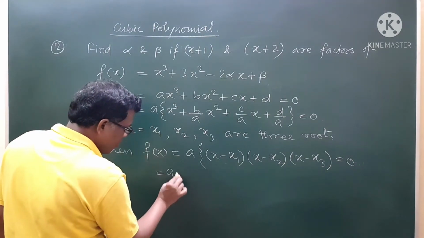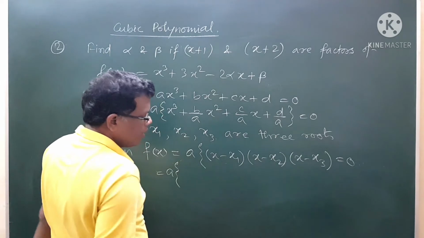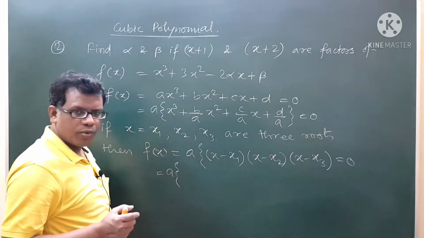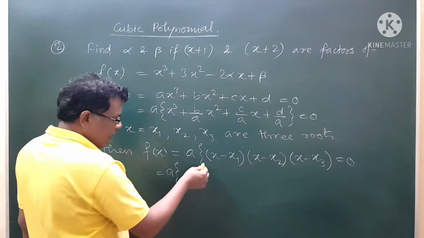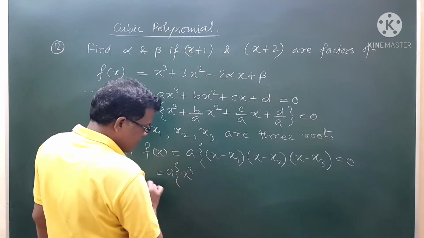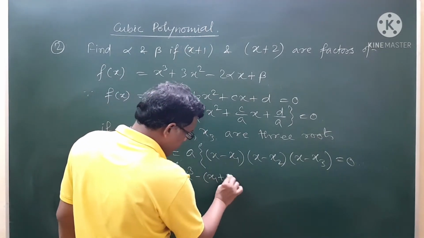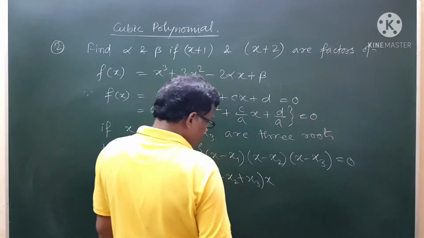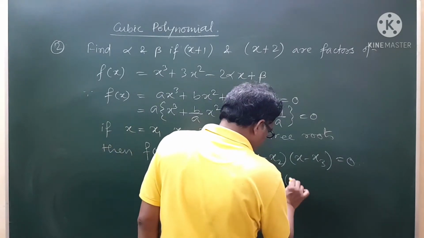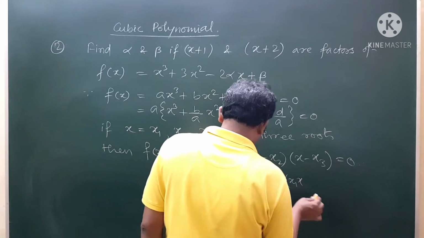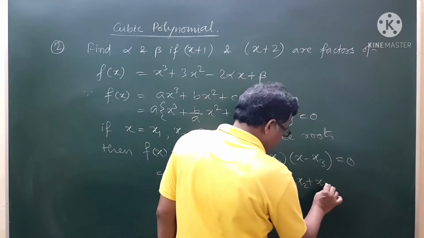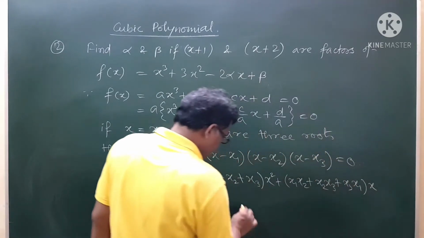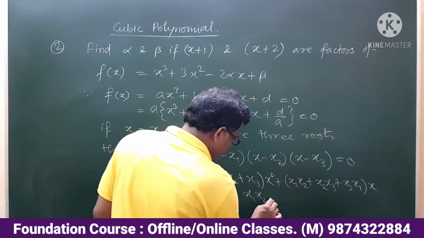I am showing that too. a into, now if I multiply all 3 linear factors in terms of the zeros or roots, you can get back to something like this: x cube minus (x1 plus x2 plus x3) into x square, then plus (x1 x2 plus x2 x3 plus x3 x1) into x, minus x1 into x2 into x3.